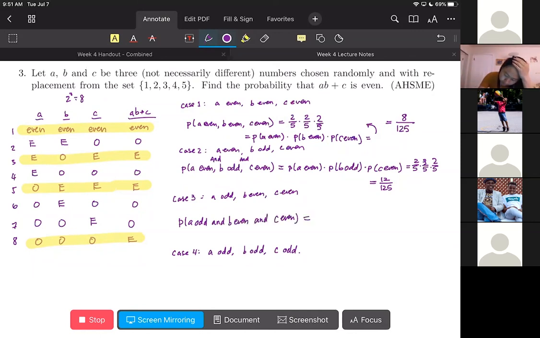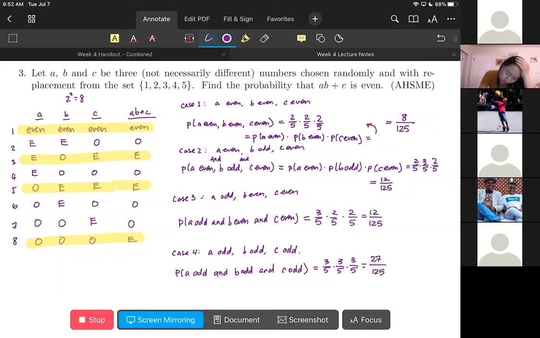Right, so it's the same. This is 3/5 probability that A is odd, 2/5 probability that B is even, and 2/5 probability that C is even. And then lastly, case 4. That's going to be 3 out of 5, all cubed. Same principle here. Equals 3 over 5 times 3 over 5 times 3 over 5 equals 27 over 125.